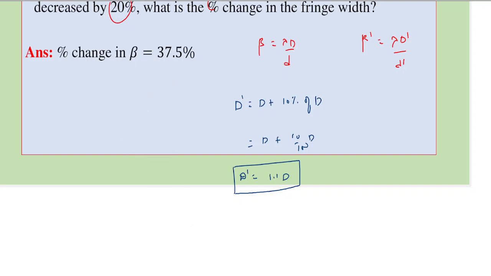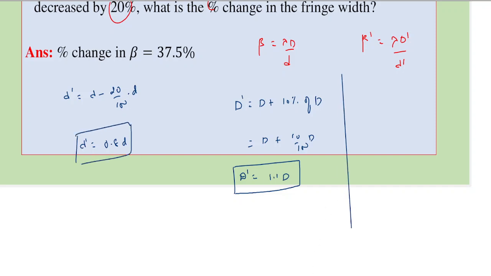Similarly, if you look at small d dash, it says decreased by 20%, which means small d dash is equal to small d minus 20 by 100 into d. So this would be 0.2 d, and it becomes 0.8 into d. This is what is d dash.